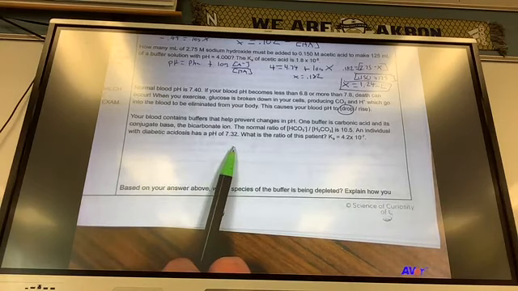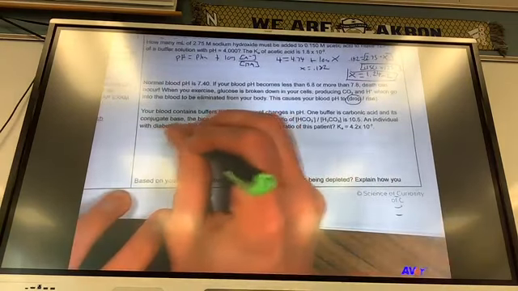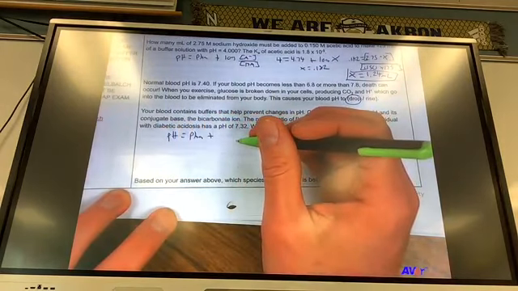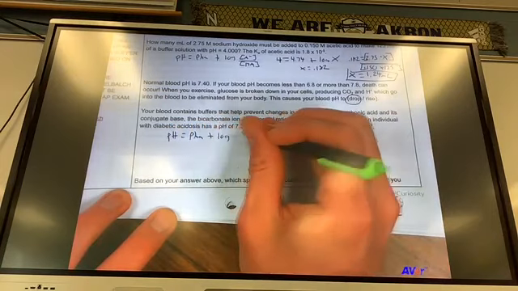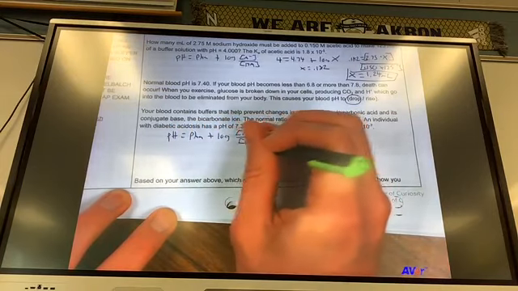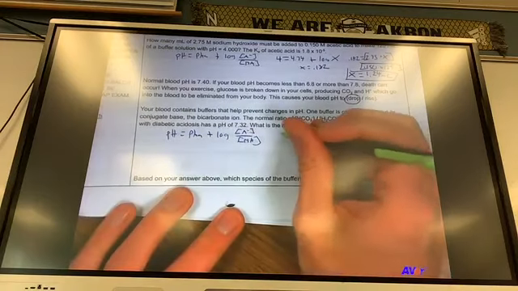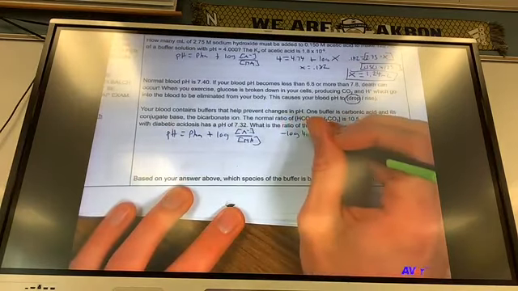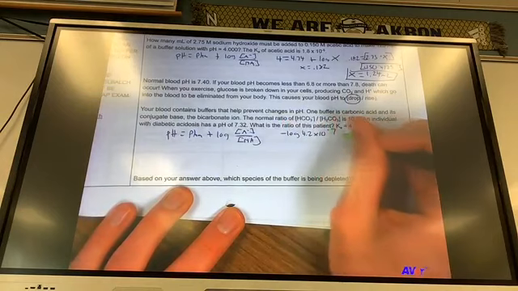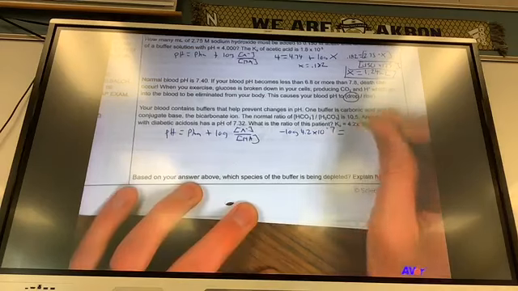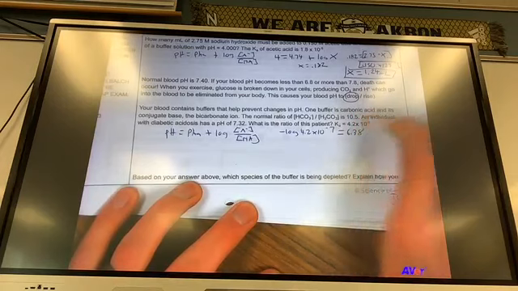Once again, Henderson-Hasselbalch. So, pH equals pKa plus log concentration of A minus over concentration of HA. So first thing I need to do is get my pKa. So the negative log of 4.2 times 10 to the negative 7th is what? 6.38.